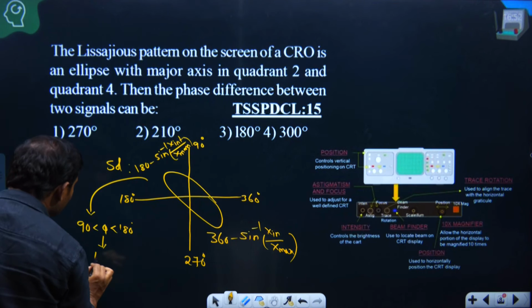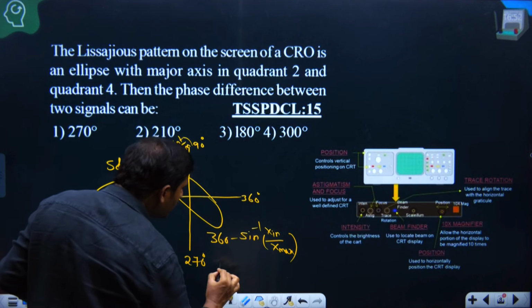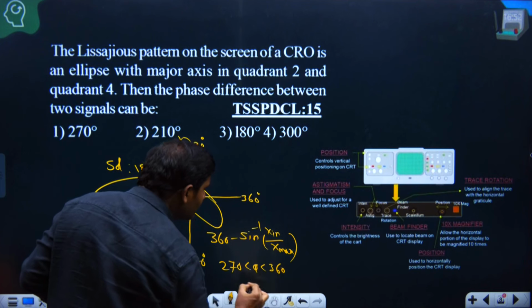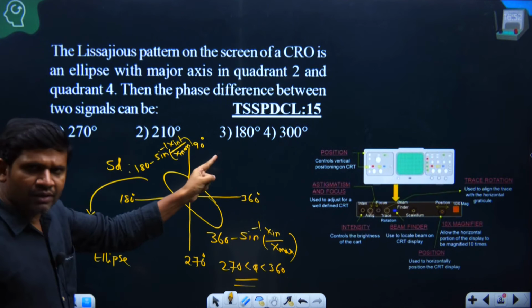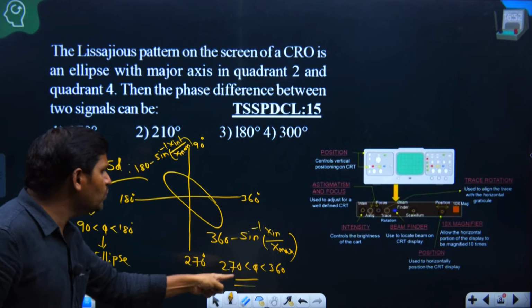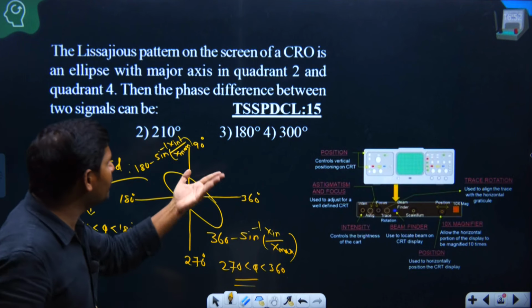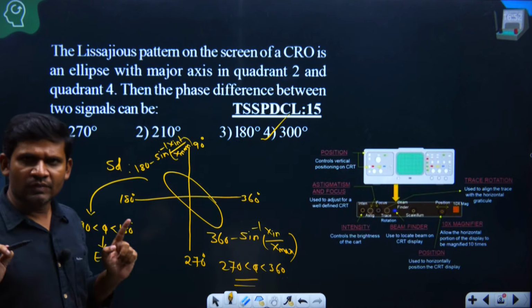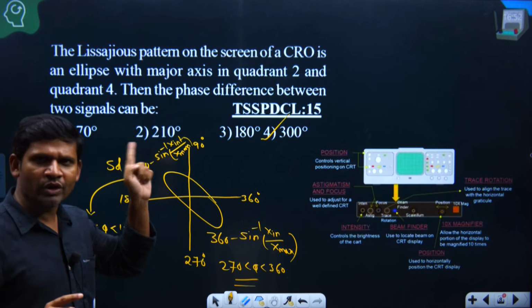For the fourth quadrant, 270 less than phi less than 360 is the ellipse. But between 90 and 180, no option is there. Then the only choice is between 270 and 360. In the given options, which option is between 270 and 360? That is option 4, the right answer. That point you have to concentrate on, students. Clear? For this question, option 4 is the right answer.